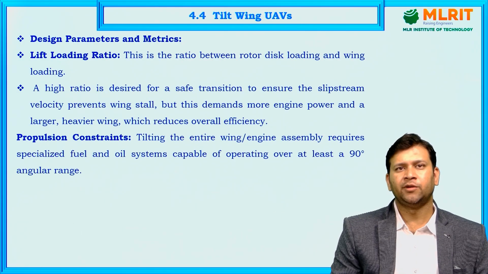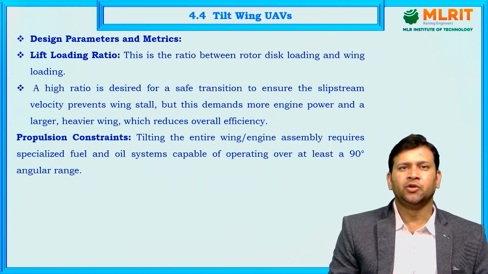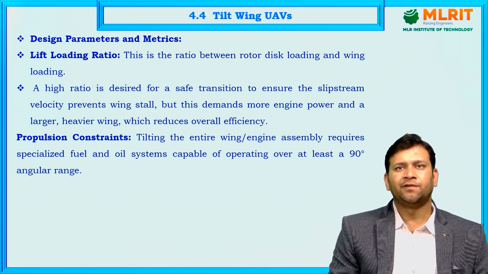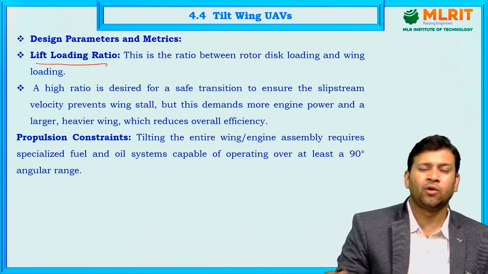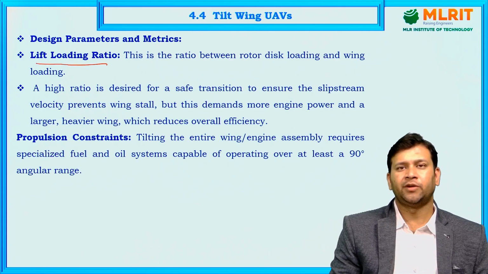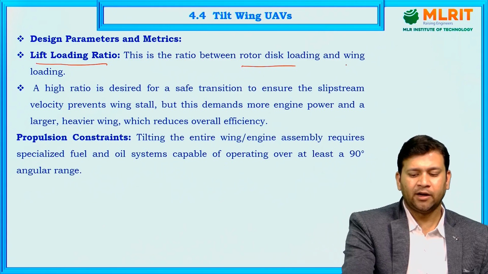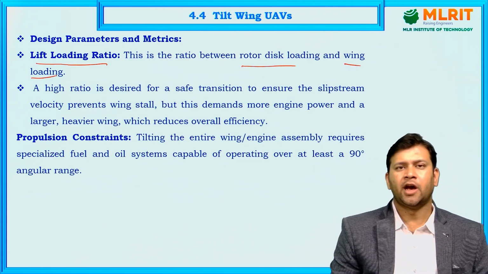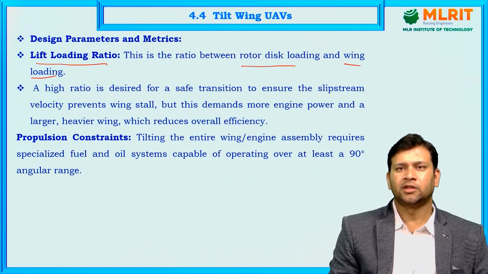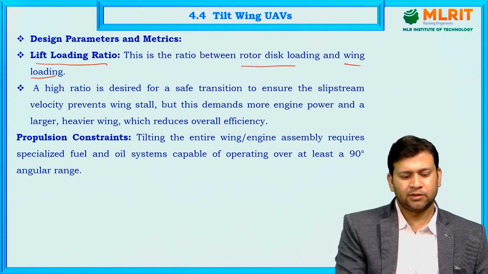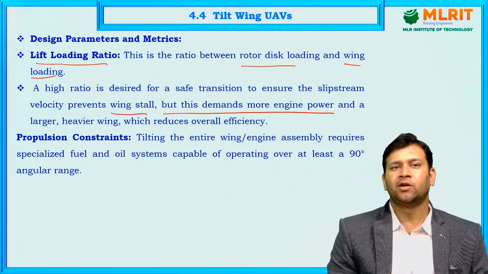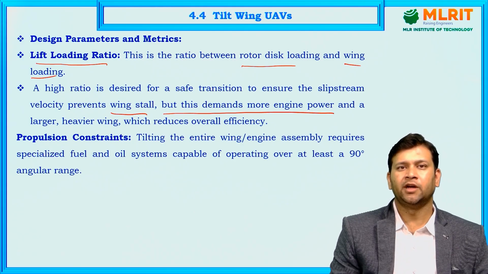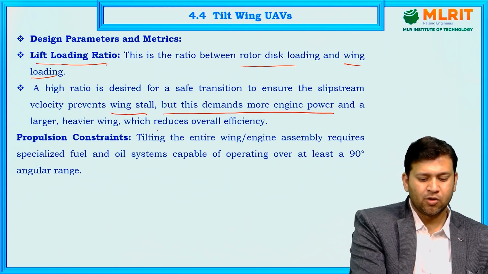The design parameters and metrics which usually are considered for tilt wing unmanned aerial vehicles: lift loading ratio. It is the ratio between rotor disc loading and wing loading. A high ratio is desired for a safe transition to ensure the slipstream velocity prevents wing stall, but this demands more engine power and a larger, heavier wing, which reduces overall efficiency.